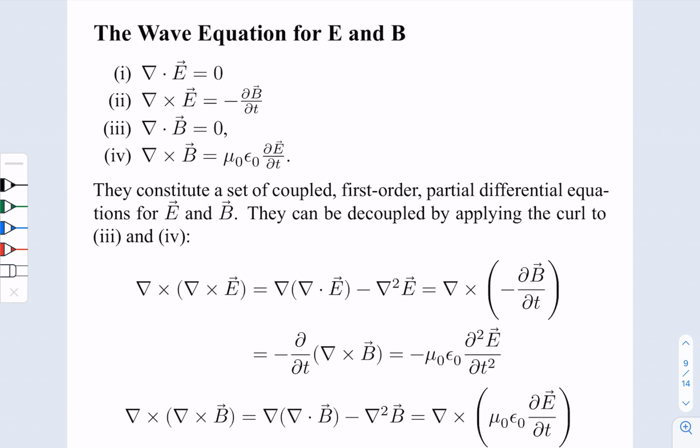So in the end, we can express minus del squared E as minus mu naught epsilon naught partial squared E partial t squared.